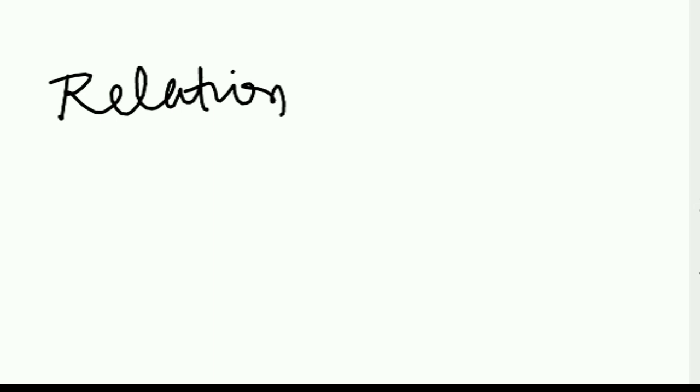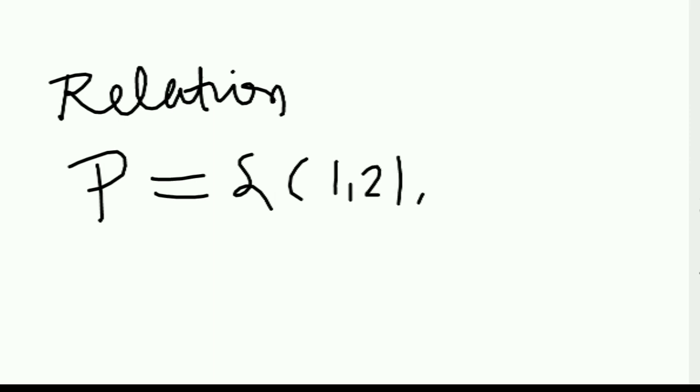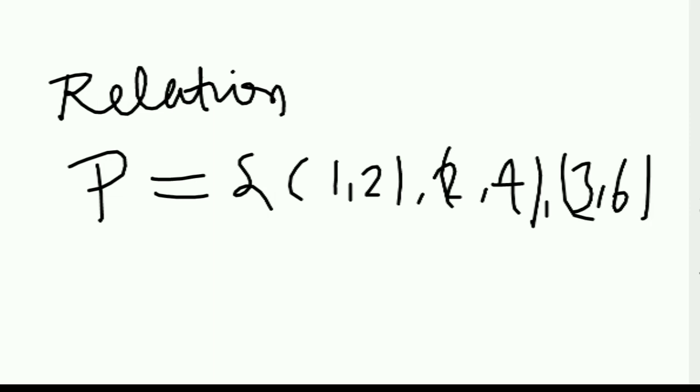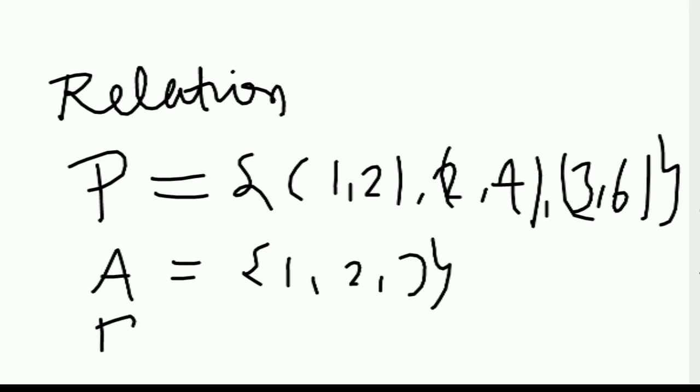Then what is a relation? For example, if you have a relation set P which is equal to (1, 2), (2, 4) and (3, 6). This is your relation set where the first element came from the set 1, 2, 3 and the second element came from the second set, that is B, that is 2, 4, 6.